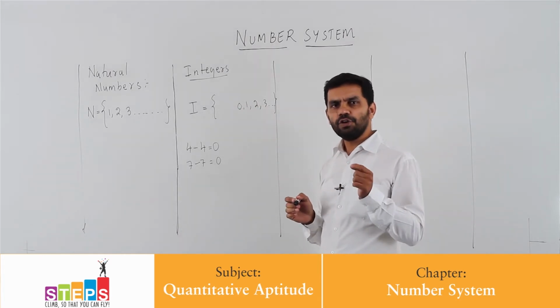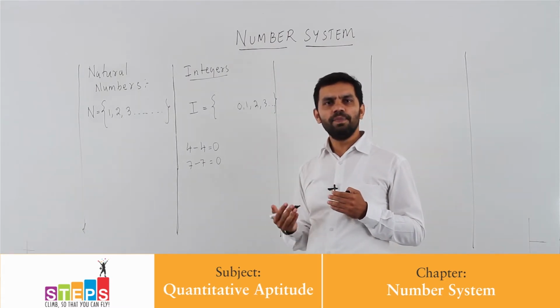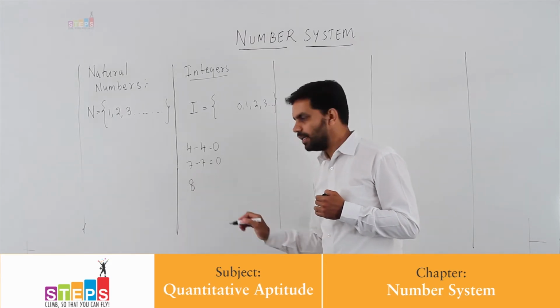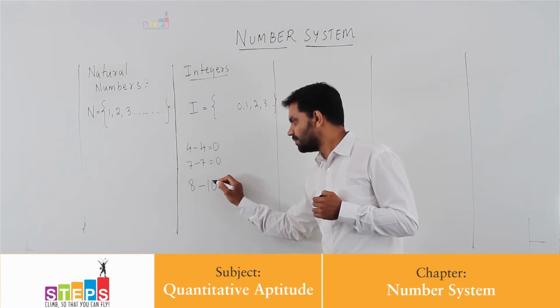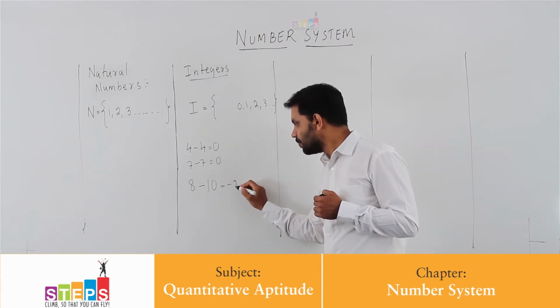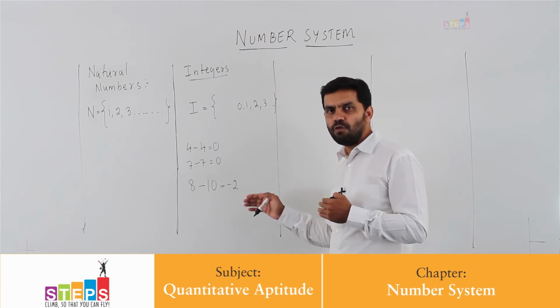And again, a question arose when a smaller number is subtracted from a bigger number. For example, 10 minus 8... or rather, 8, a smaller number, is subtracted from 10? What is the answer? The answer is minus 2. This minus 2, we call a negative value.